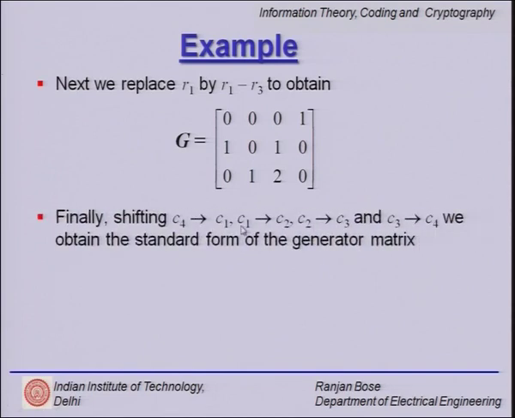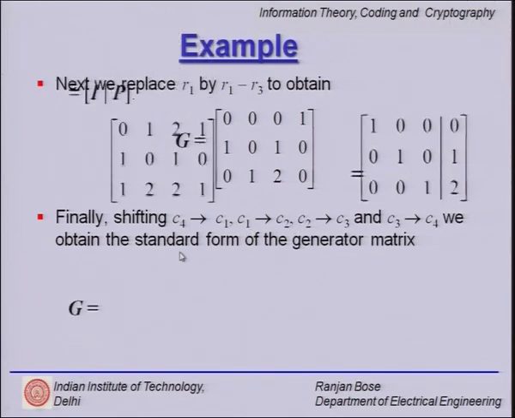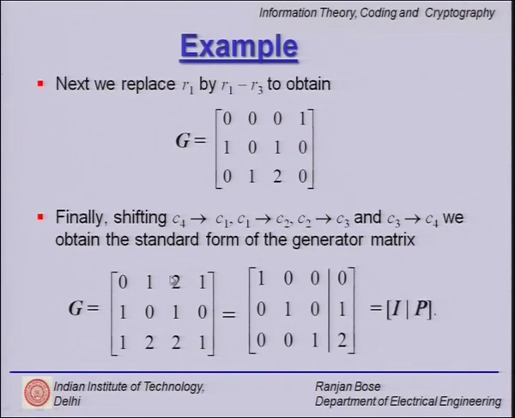So I do that, C4 goes to C1, column 1 becomes column 2, column 2 becomes, and so forth, and then suddenly things fall into place. Alright. So I can take this and do the interchanging and I can see very clearly that this is an identity matrix in the beginning, and whatever else remains, this 0 1 2, is the P, the parity matrix.